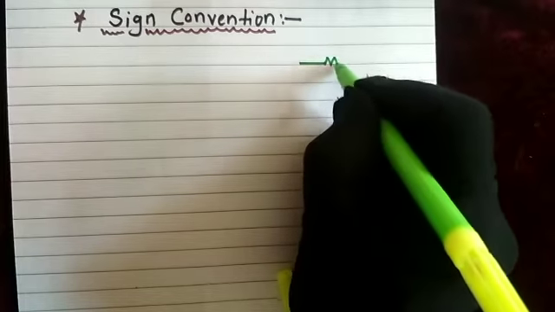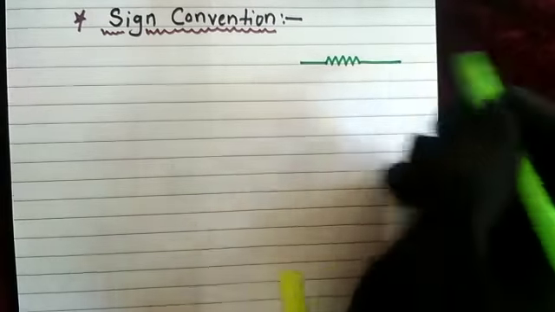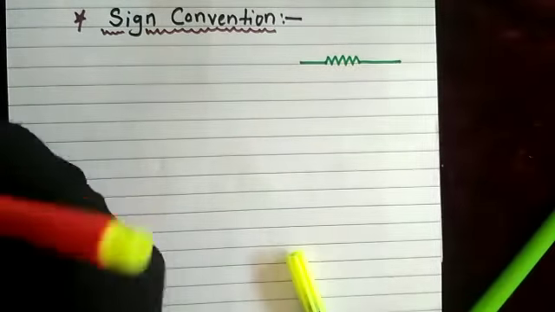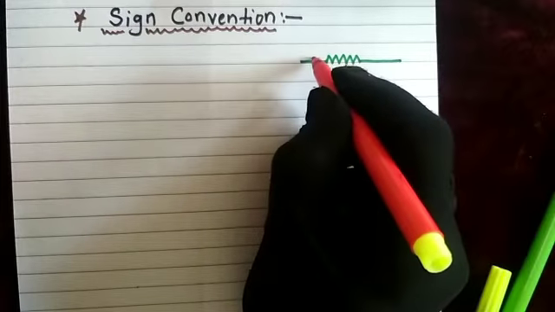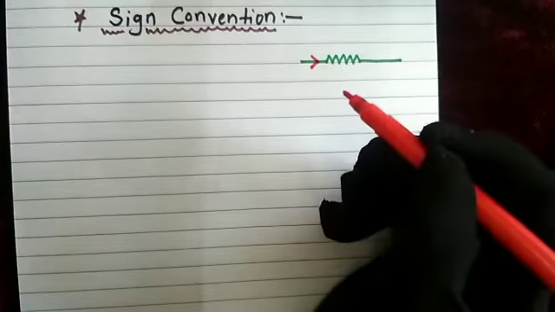Note down very carefully the sign convention for Kirchhoff's voltage law. Basically we know that current always flows from high potential to low potential, that means from positive to negative. So let's consider a resistance, and consider that across this resistance the direction of the current is like this.